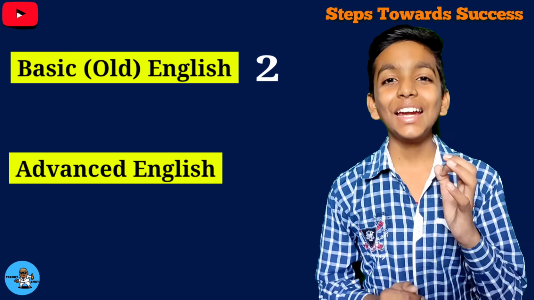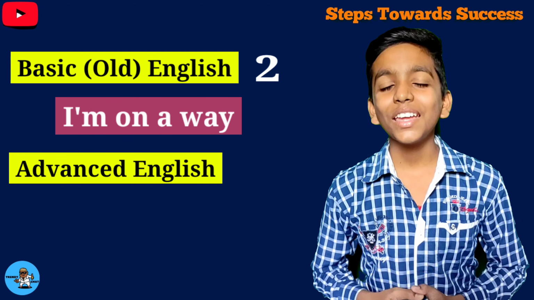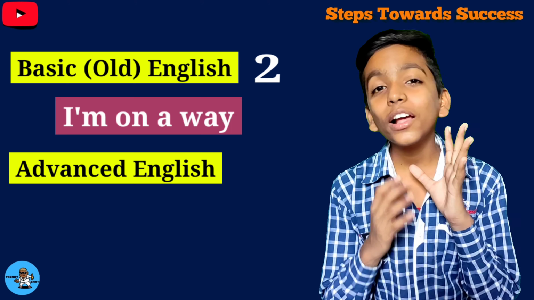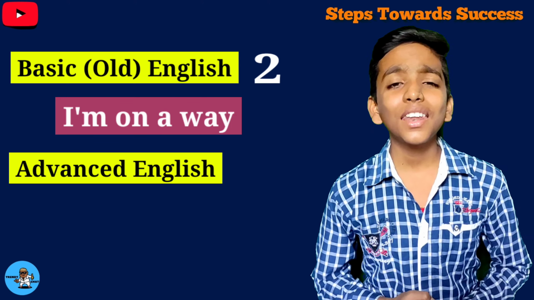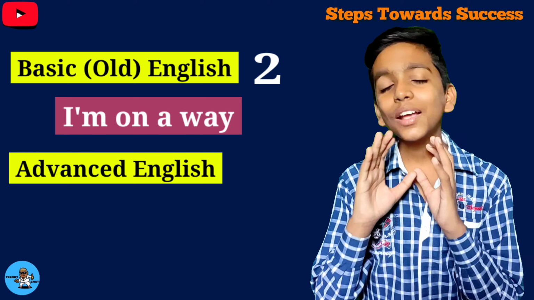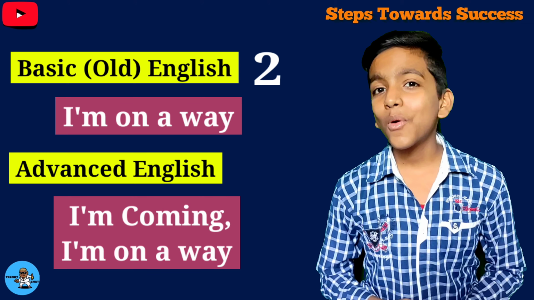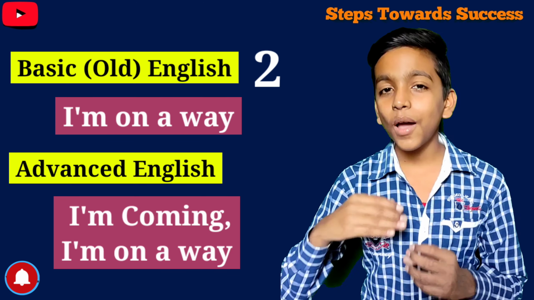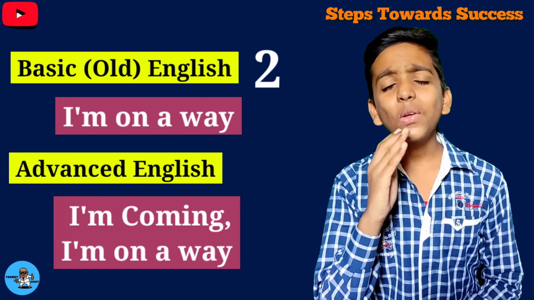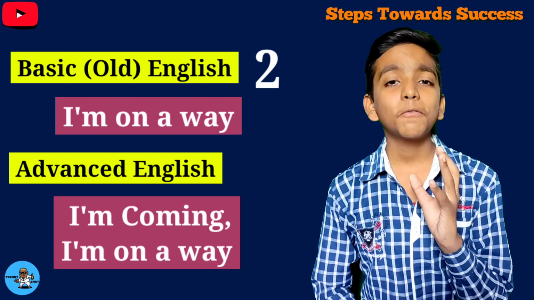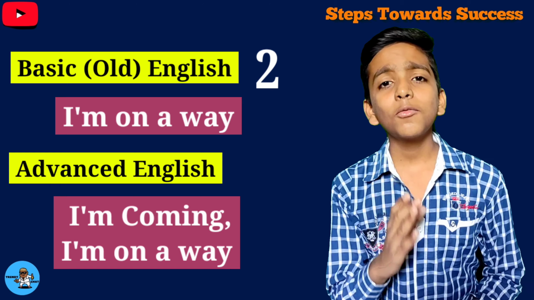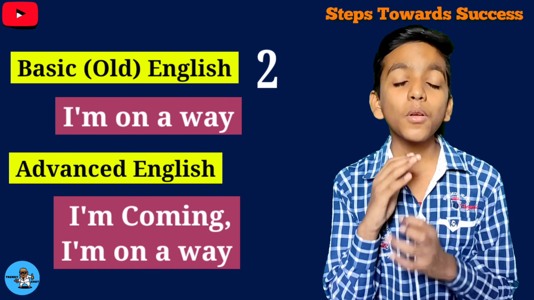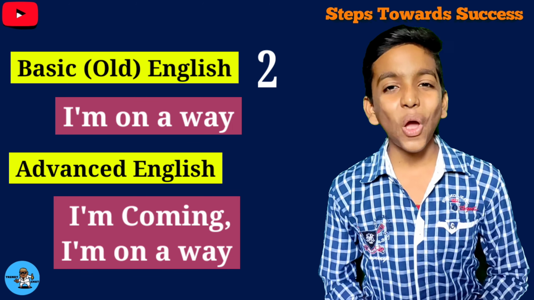Our second sentence, that is guys, I am on a way. Yes guys, it is our second sentence, but it will come in Old English, and if we see in Advanced English, then it will become I am coming, I am on a way. Yes guys, it is the Advanced English by nowadays, because I know you are thinking in first old fashioned English we just get information shortly, but here the information describe lots of more but in short way.